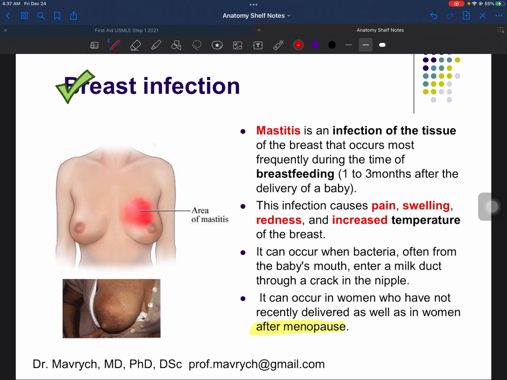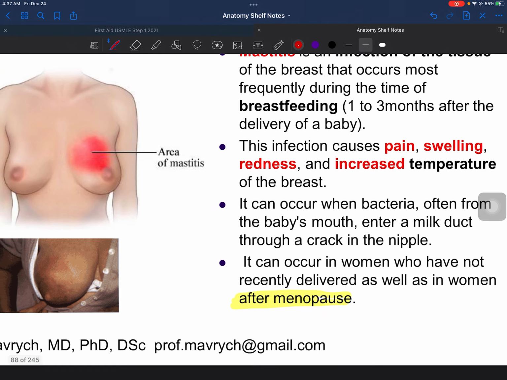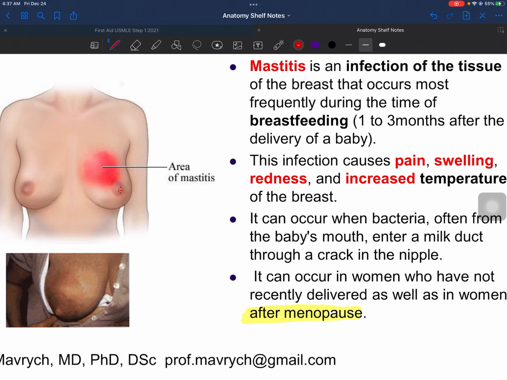It can occur when bacteria, often from the baby's mouth, enter a milk duct through a crack in the nipple.